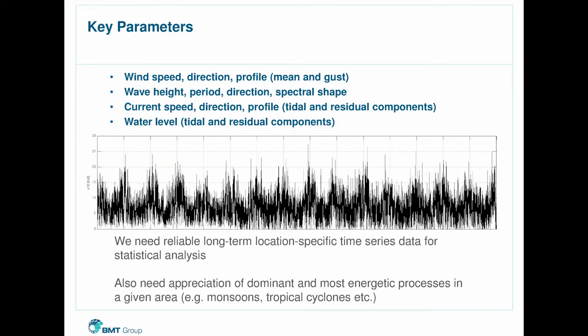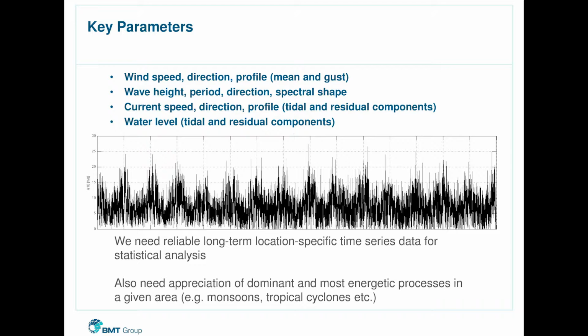So the sort of parameters that I work with, wind speed is a key parameter, wave height, period, direction, spectral shape, current speed and direction and profile, water level. Now, some of those parameters we can get at from remote sensing readily.